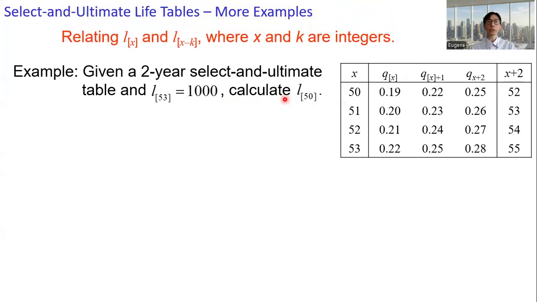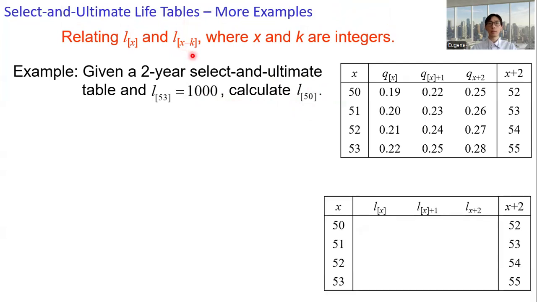A very similar question. We are now linking Lx and Lx minus k. That is, here we are given L53, 1,000. We need to get to L50.